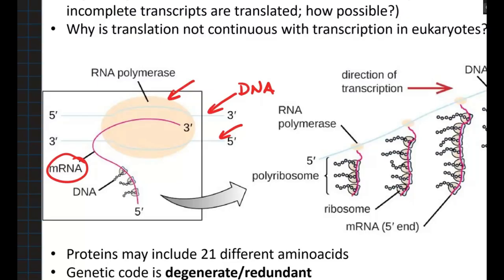So ribosomes are in the cytoplasm. These are ribosomes. They can jump on the RNA molecule while it's still incomplete, while it's being actively synthesized, and ribosomes already start translating it, forming proteins.